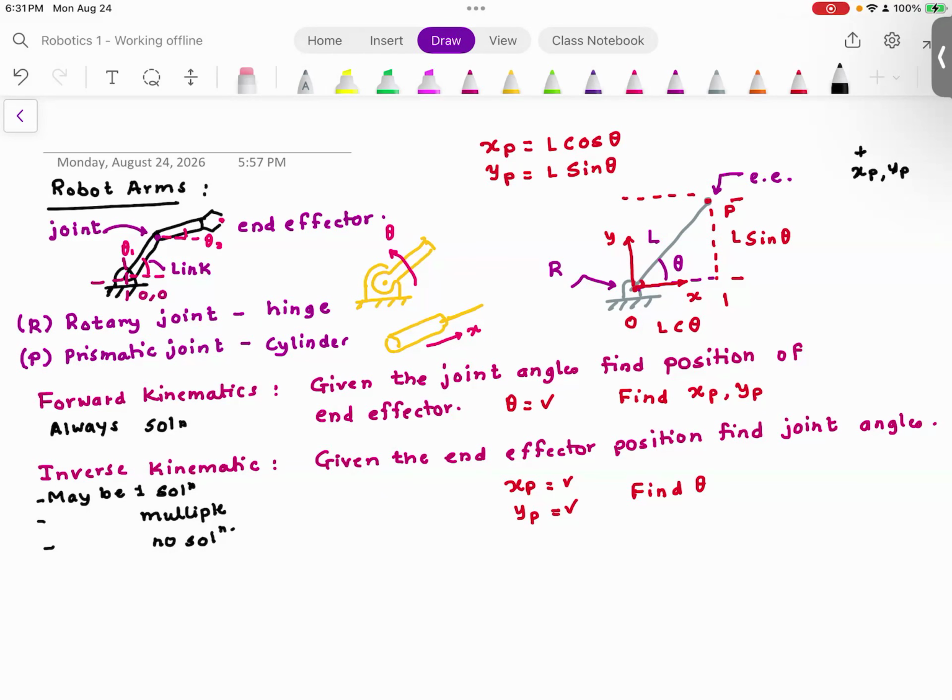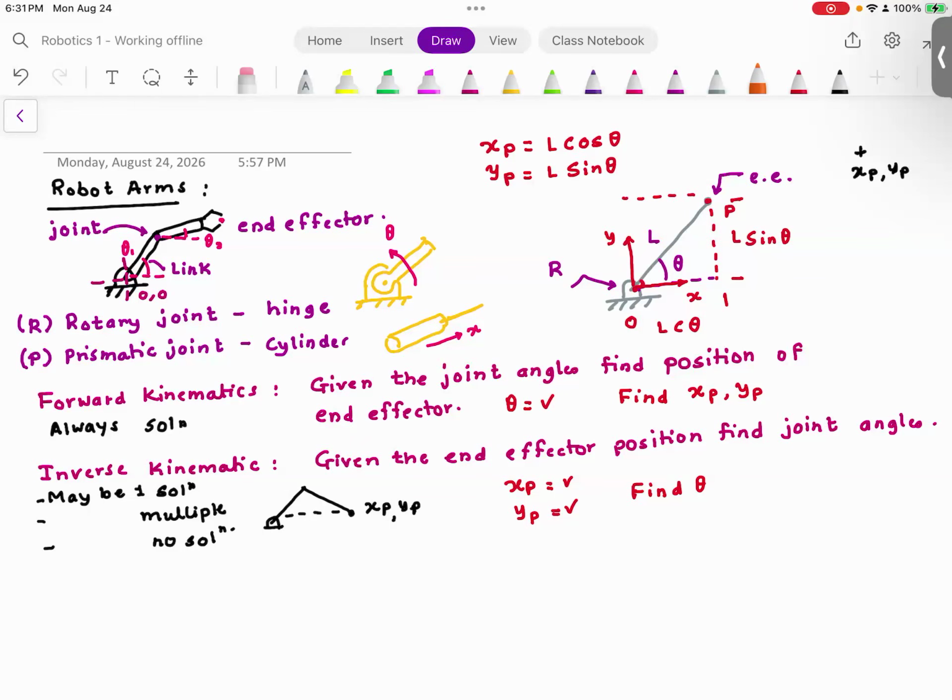Let me give you the example of multiple solutions. For example, if you have a 2-link robot and we are trying to find out, I give you this XP and YP. You agree with me that this position can be achieved using an elbow up configuration.